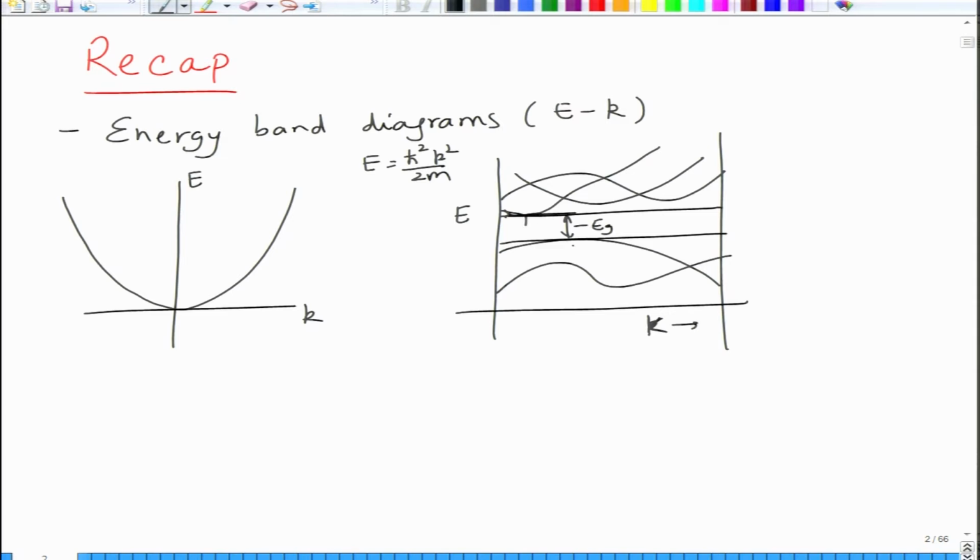The band on top is called the conduction band, and the band at the bottom is called the valence band. If the maxima of the valence band and the minima of the conduction band coincide in K space, it is called a direct band gap semiconductor.